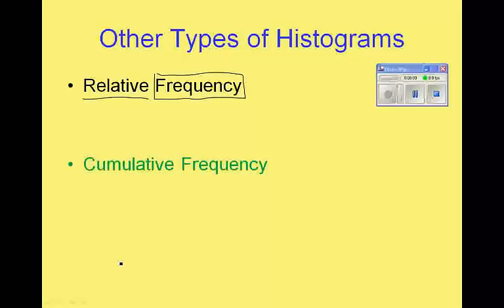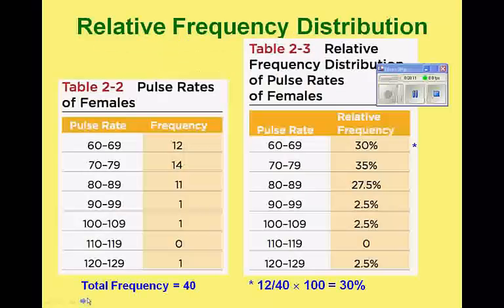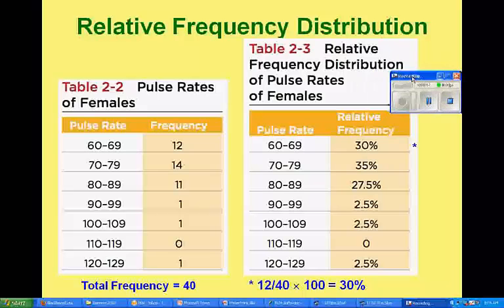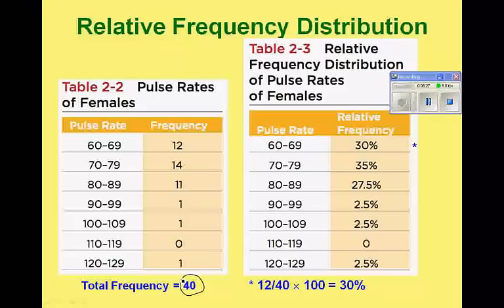And the other type of histogram that we're going to talk about is cumulative frequency, and I'll show that by an example. But to give you the idea on relative, you can look at these two tables from your book. Table 2.2 again was the frequency distribution of pulse rates of females that we were talking about before. There are 40 females altogether if you add up those numbers. And this was what we used to make our histogram.